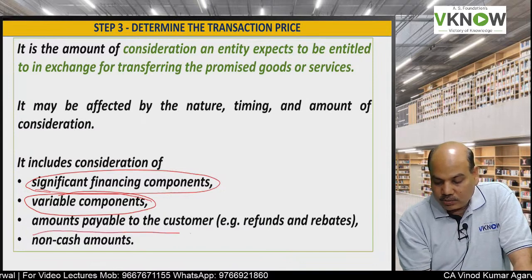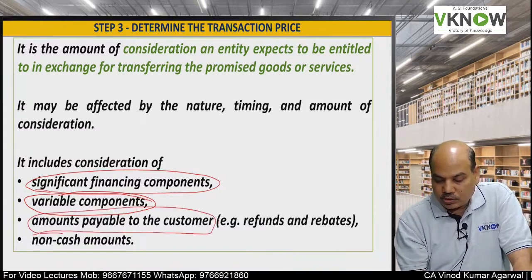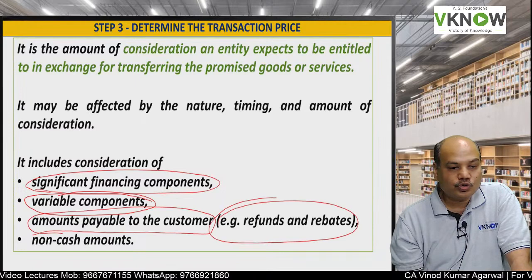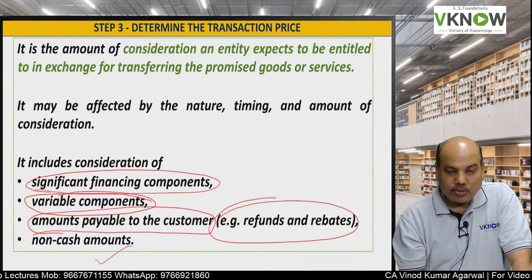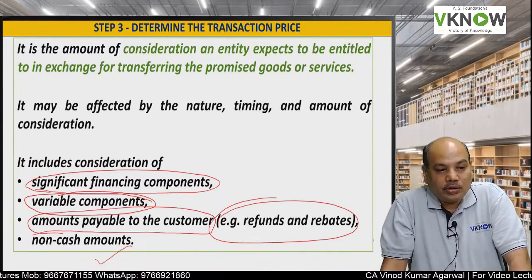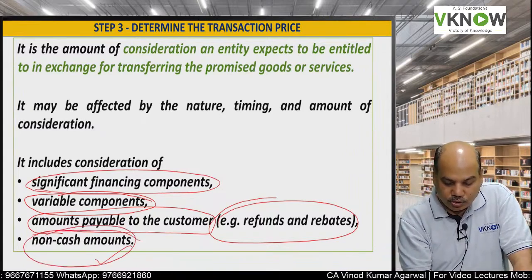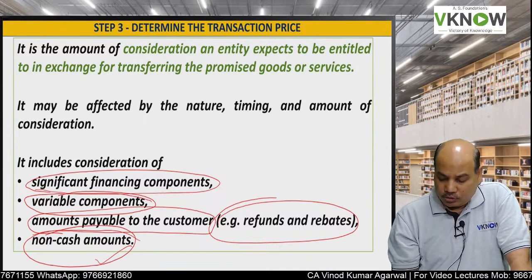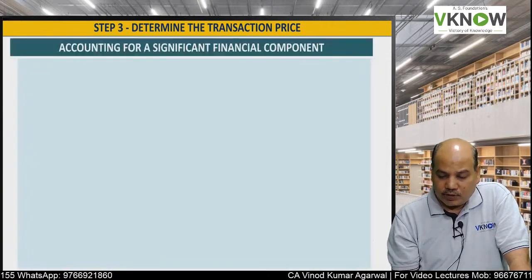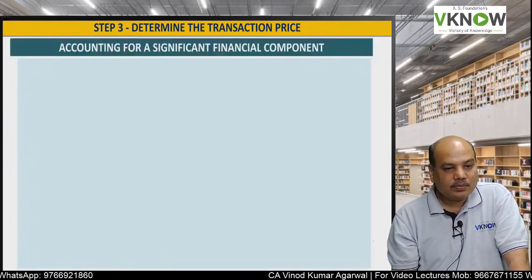It may include some amount payable to the customer also, like rebate or refunds to be given, or it may also include non-cash transactions like goods for goods. So these are the factors which will affect the transaction price.